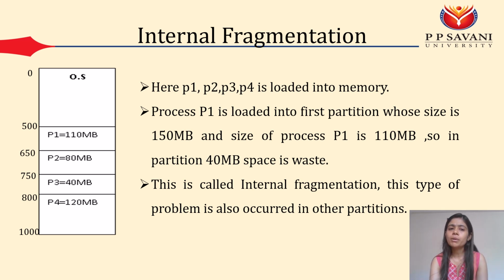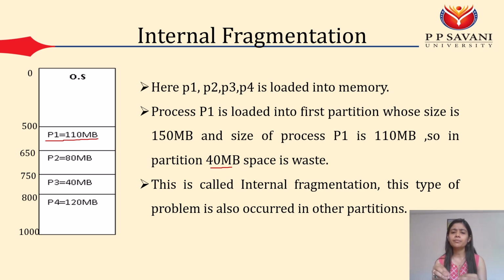Taking the very first partition, its size is 150 MB, but the P1 process size is 110 MB. So 150 minus 110, that means 40 MB of space is wasted. That is not going to be utilized by any other process, and this is called internal fragmentation.